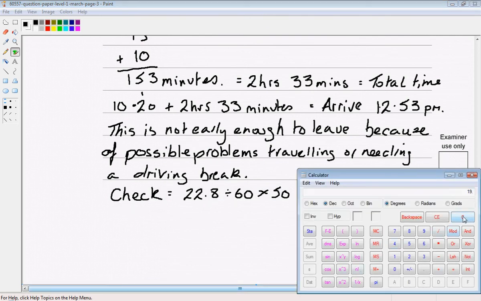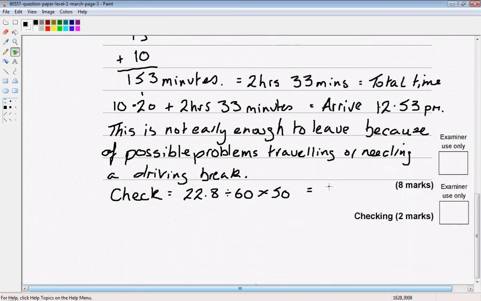So if we go back to our calculator and clear this, we have 22.8 divided by 60. This gives us 0.38, and if I multiply that by 50, this gives us, excuse me, 19.